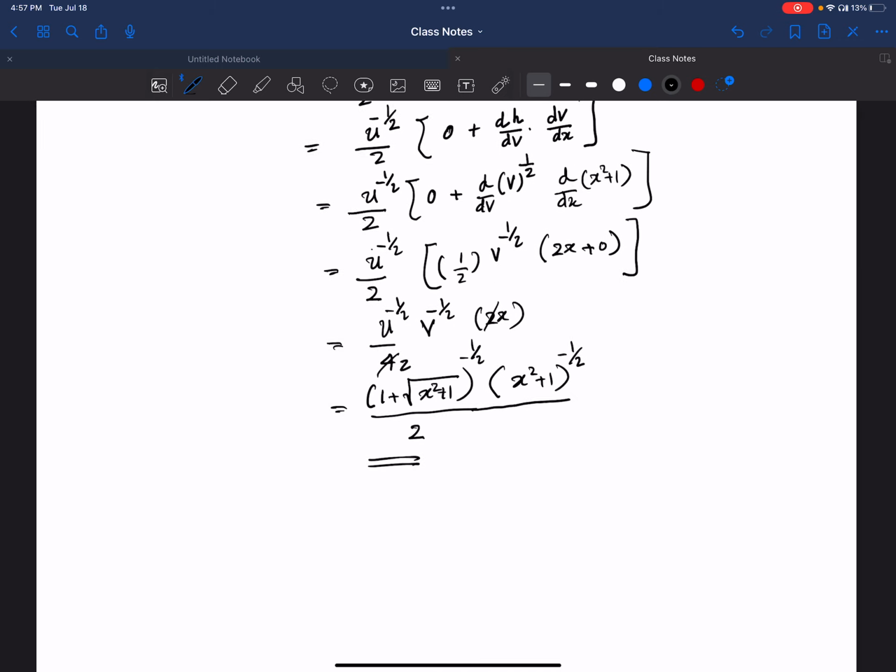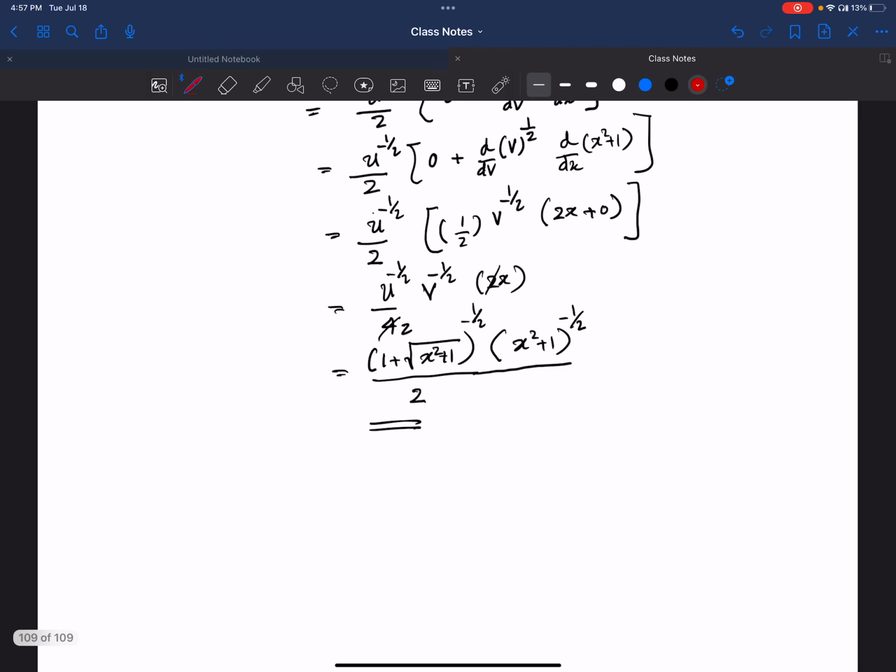So in summary, we learned the product rule, which is d over dx of fg equal to f times d over dx g plus g times d over dx f.